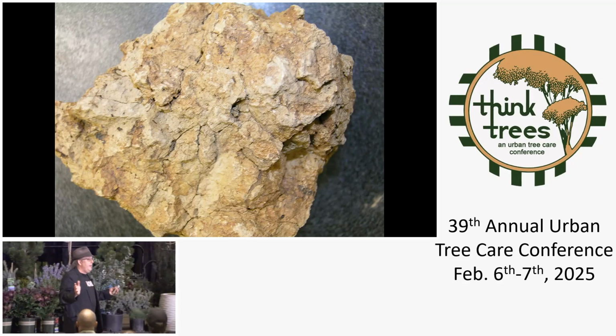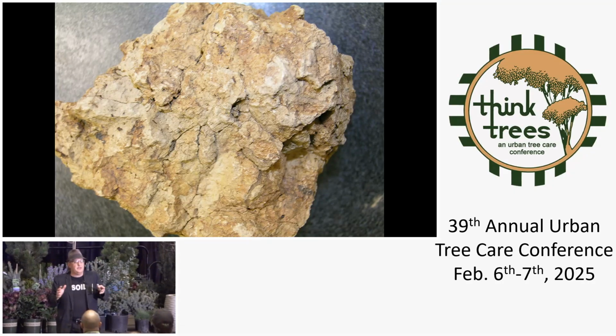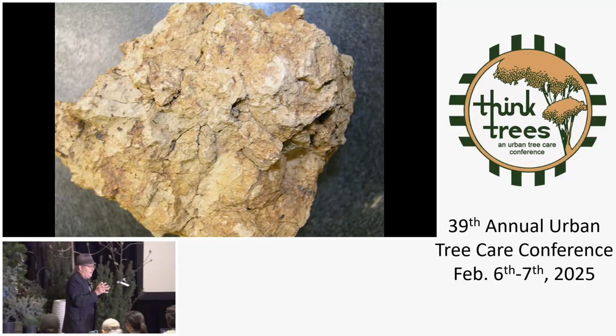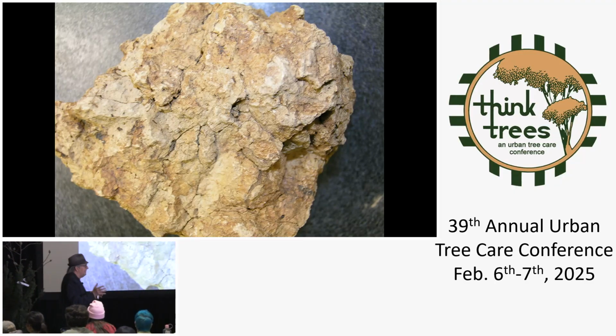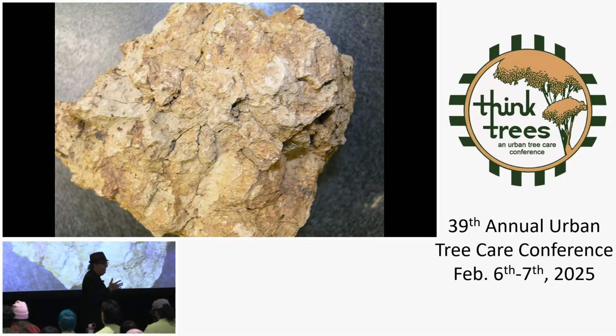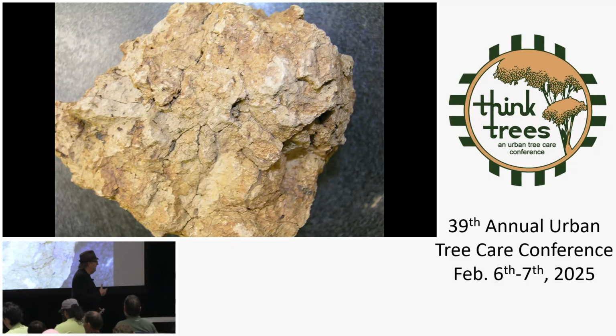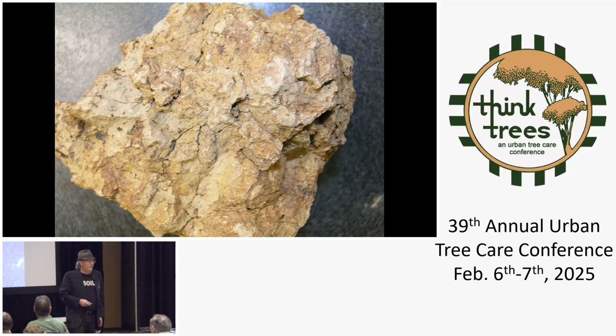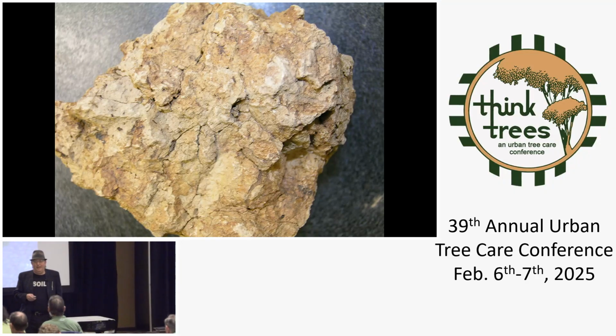Some trees and plants are quite plastic in that regard, and some of them are very rigid. You put them in the wrong soil, and they can't adapt. They don't have the genetic memory to do that. So just kind of put that in your pipe and smoke it, and think about that a little bit.